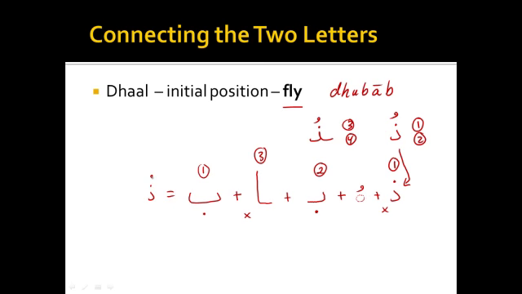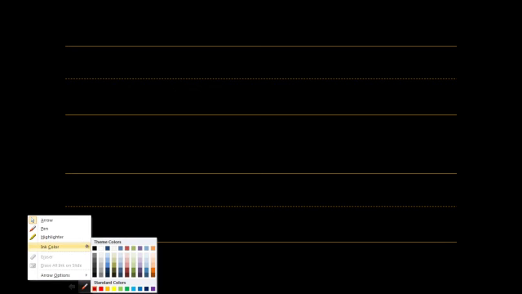We have dhubab, and that means, this is dhubab, and it means fly, housefly. Great, let's write it a few times. Gonna change my color. Okay, again, we're writing the word dhubab, and let's write it together.